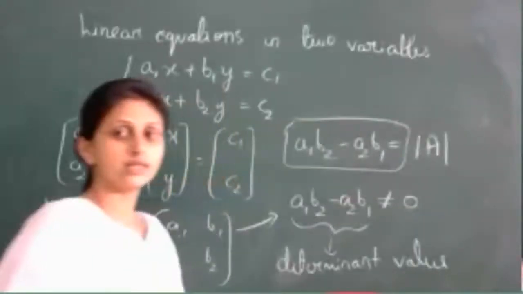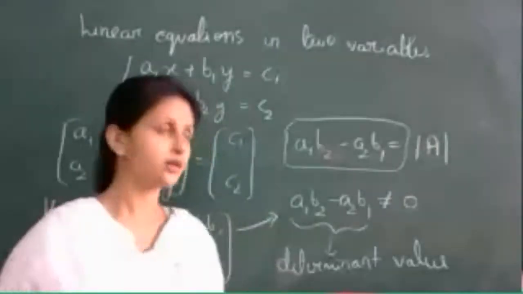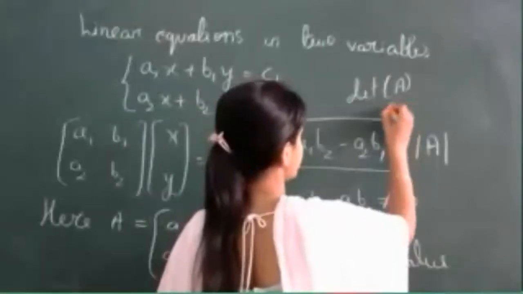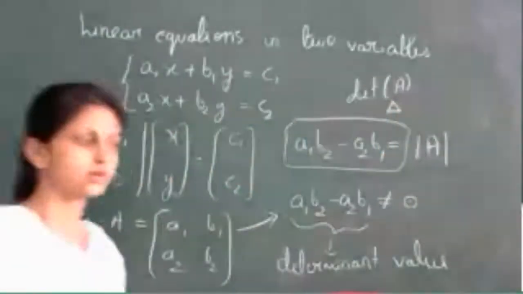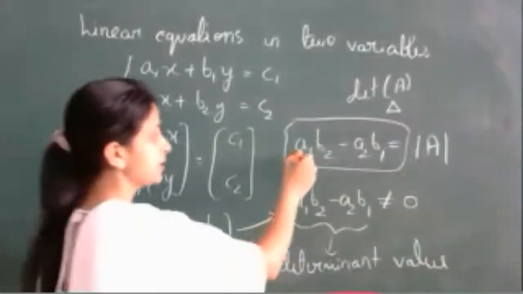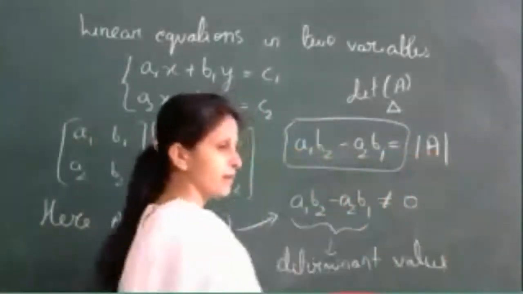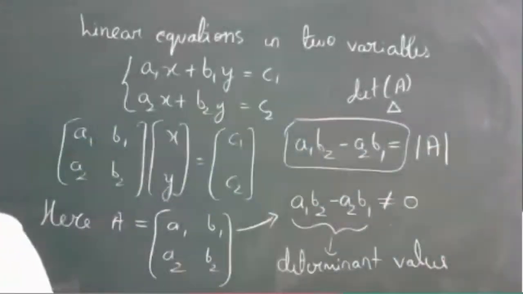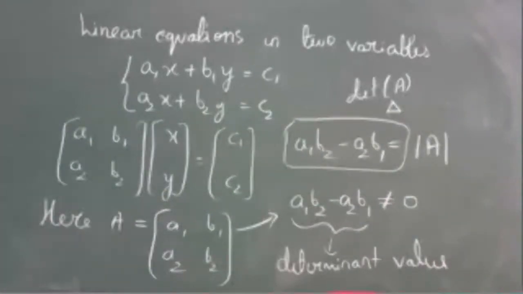And this is nothing but my determinant of A. You can denote it either way: you can write it like this, or you can simply write a triangle. It's your wish, students. So this is nothing but the determinant of matrix A. I hope till now everything is clear, students.